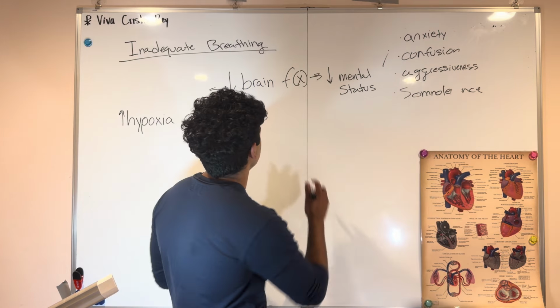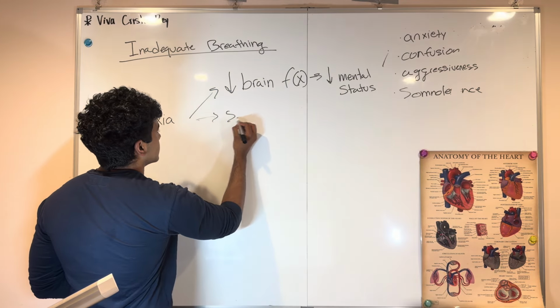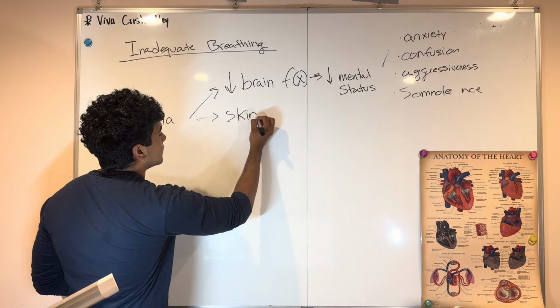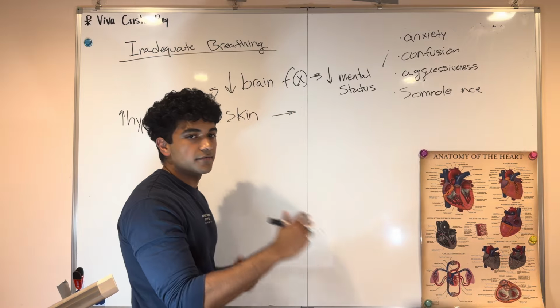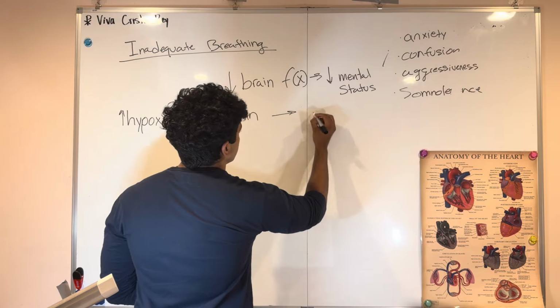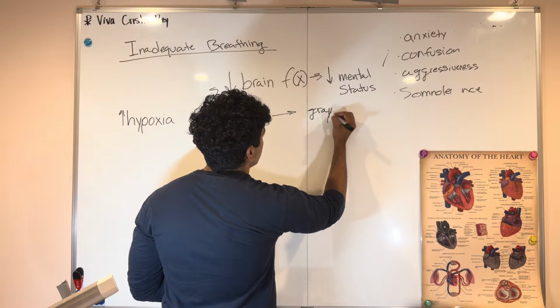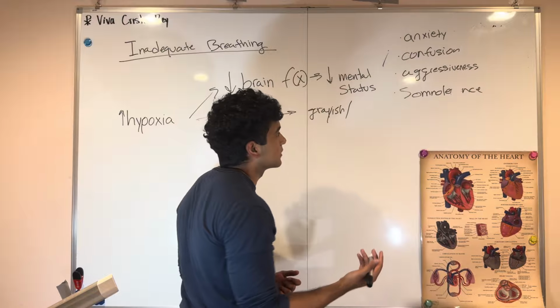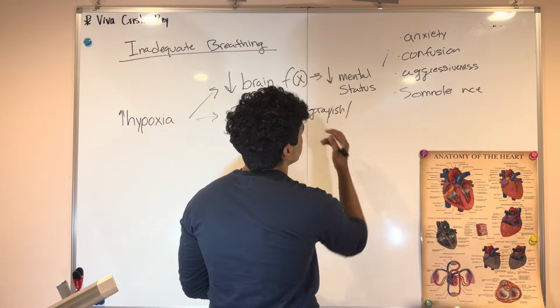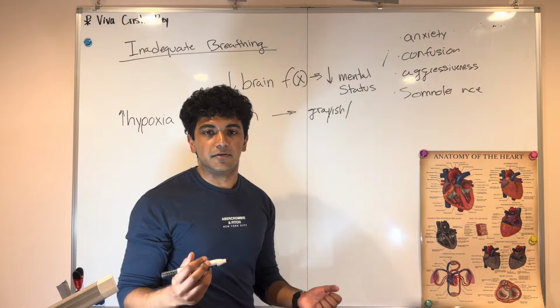Next, we're going to go into skin. There's a lot of stuff we can look at for skin. The first thing is you might see a grayish, bluish tone everywhere in your skin. They might be more pale, they might be more clammy. This is sounding a lot like shock because it is. Shock is where you have low perfusion.